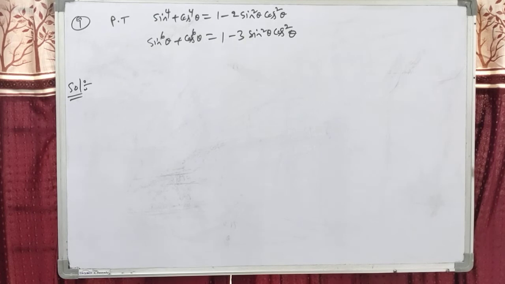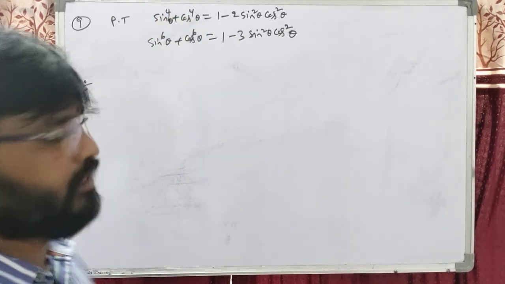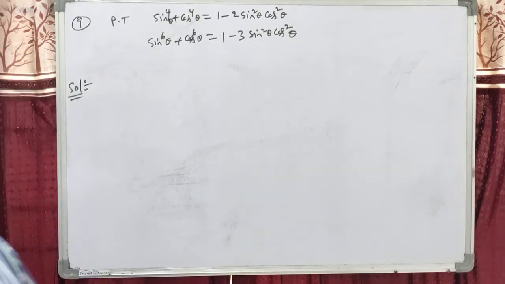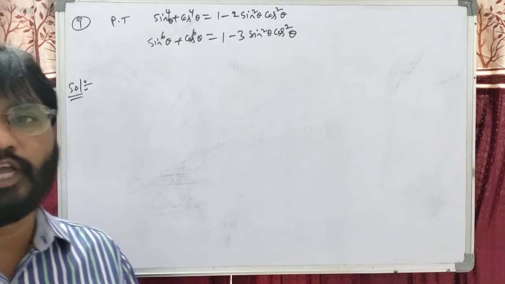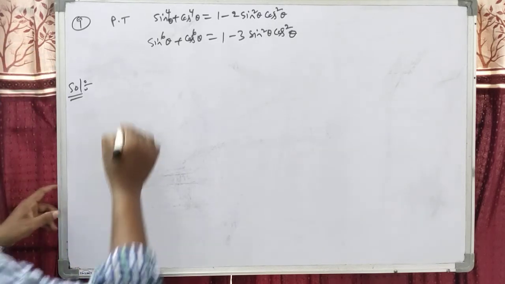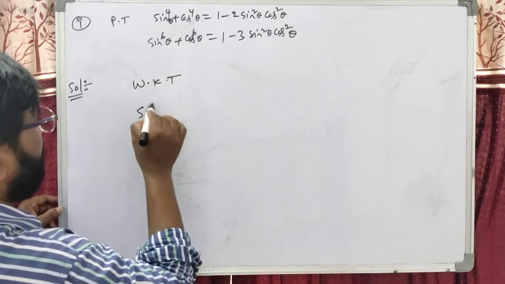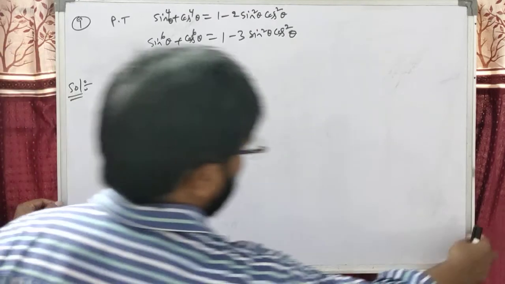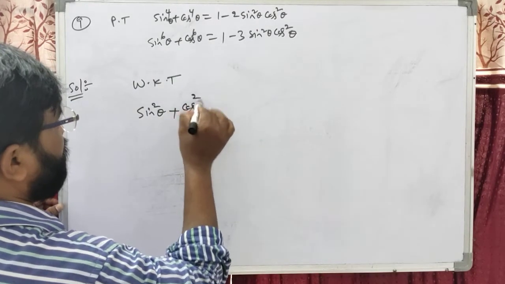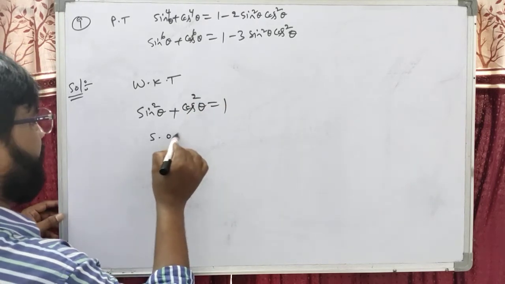Dear students, sin power 4 theta plus cos power 4 theta is 1 minus 2 sin square theta cos square theta. And sin power 6 theta plus cos power 6 theta equals 1 minus 3 sin square theta into cos square theta. Now we know that sin square theta plus cos square theta equals 1.